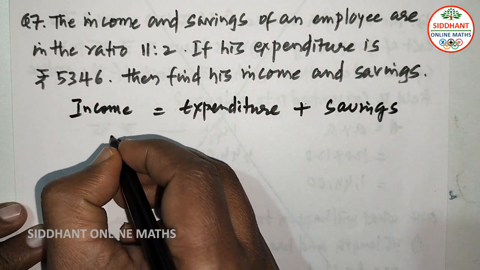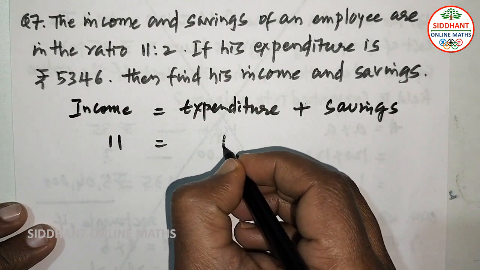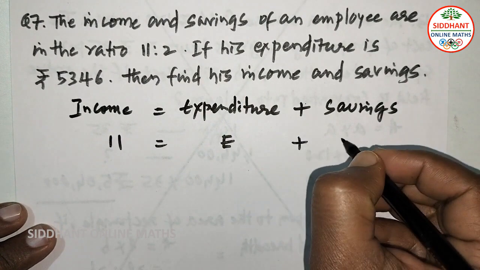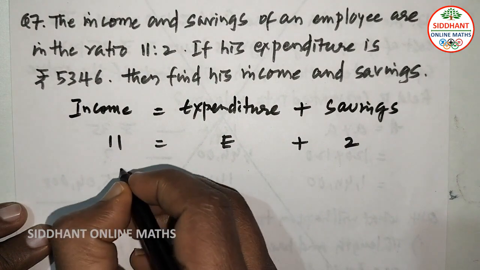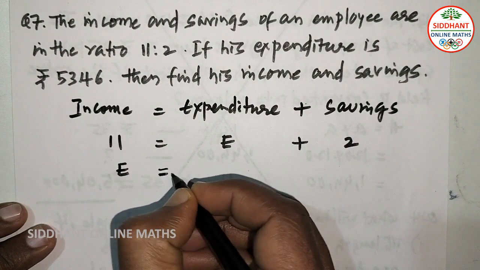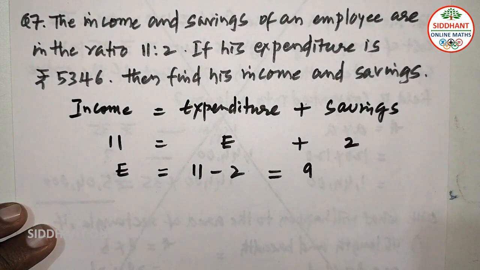Income is 11 parts and savings are 2 parts. So expenditure will be 11 minus 2, that will be 9 parts here.